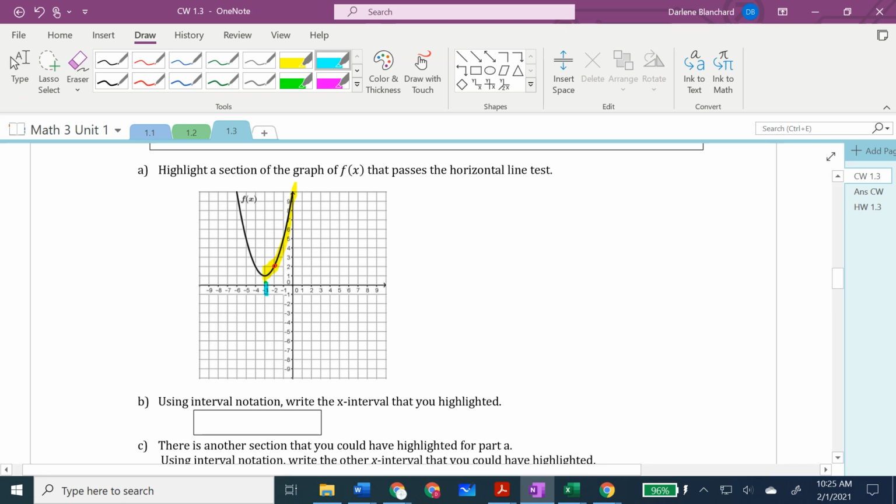So -3 is the edge of that highlight, and then I highlighted where all the x values are -3 and greater. That means the x interval that I am using is [-3, infinity), including the actual x coordinate -3.